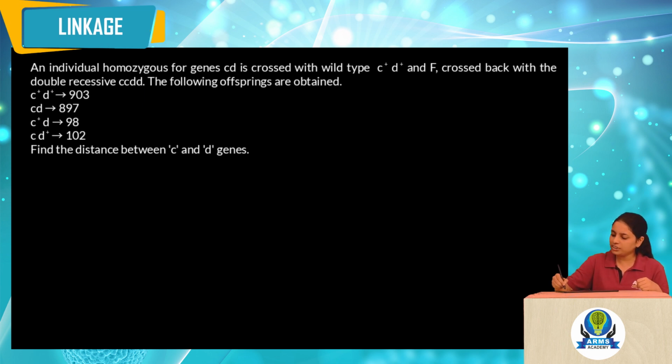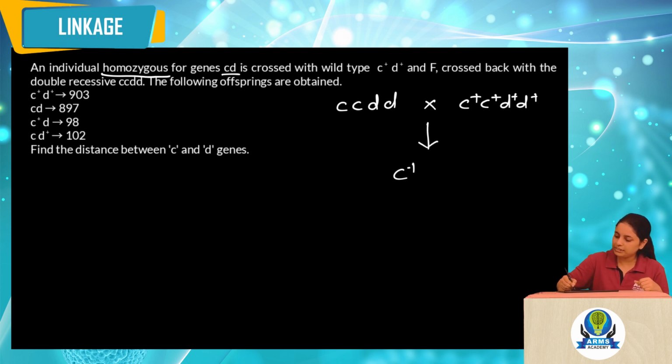Now what is the cross done here? We have homozygous CD, right? So we have C, D crossed with the wild type C plus, D plus. You will obtain progeny C plus C, D plus D, like a normal dihybrid cross.